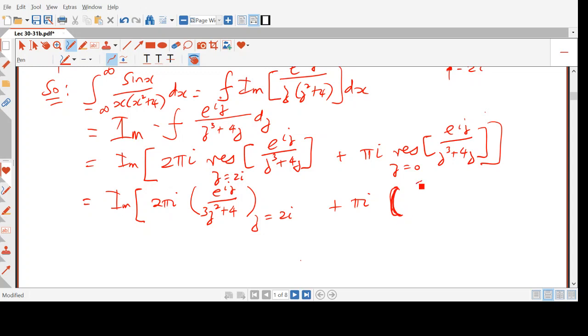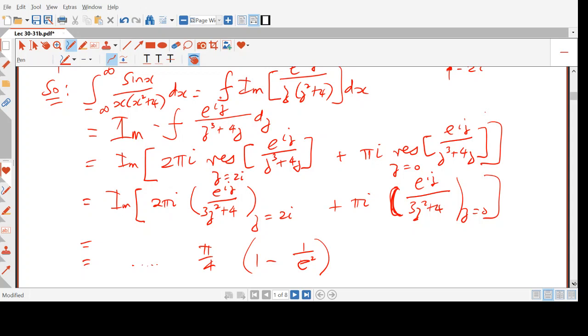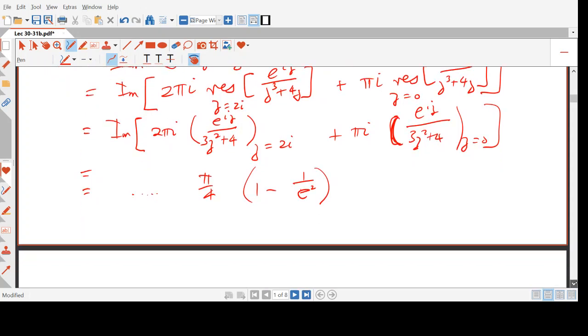Differentiate the denominator, e to the I z over 3z squared plus 4, and plug in z equals 0. Continue simplifying this. In 2 steps, you should end up getting pi over 4 into 1 minus 1 over e squared. That should be a straightforward calculation to complete on your own.